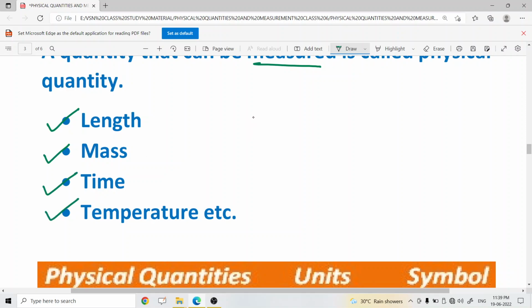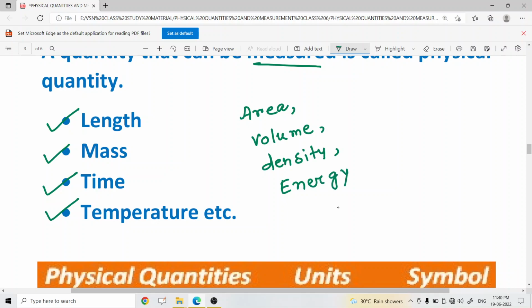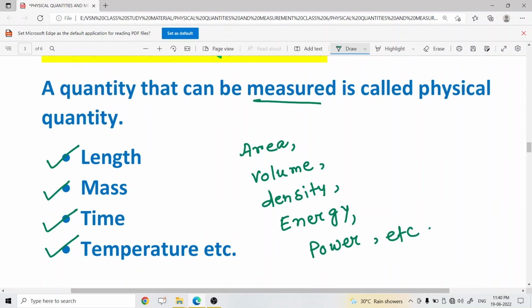Also, in our universe there are several quantities, like area, which is also a quantity. Volume also, density also, and energy, power, etc. All these things are quantities because they are measured by some process.